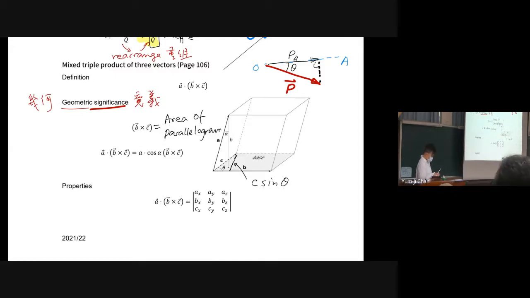So the area is equal to B C sine theta. Just in case you forget, this is area.